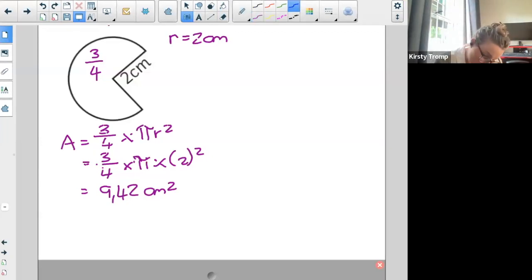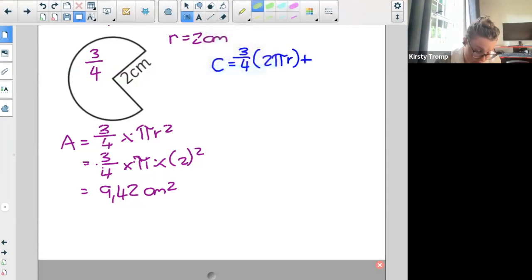Now I want to calculate the circumference. Circumference is normally 2 pi r. But now I've got 3/4 of the circle. So 3/4 times 2 pi r, plus, that takes care of this. Remember we spoke about Peter the ant last week. So Peter the ant would have walked around there.